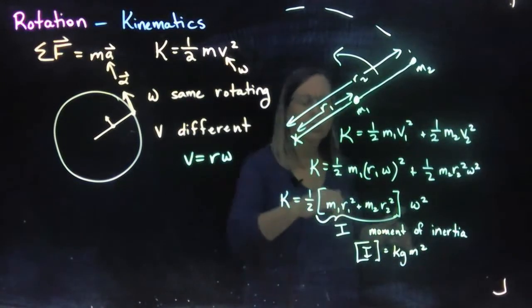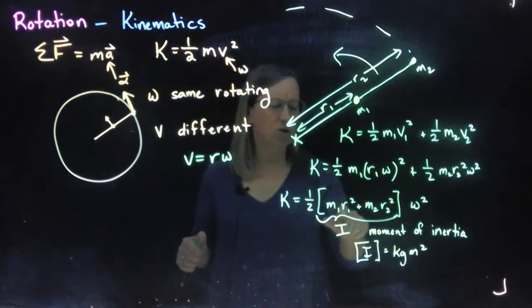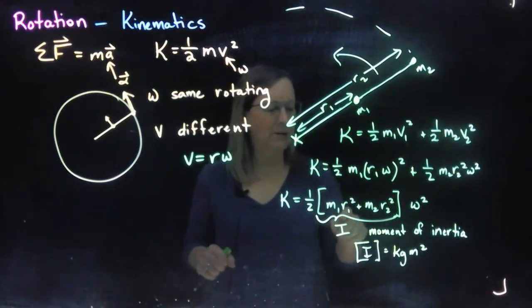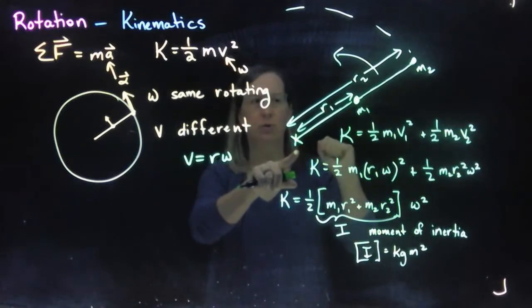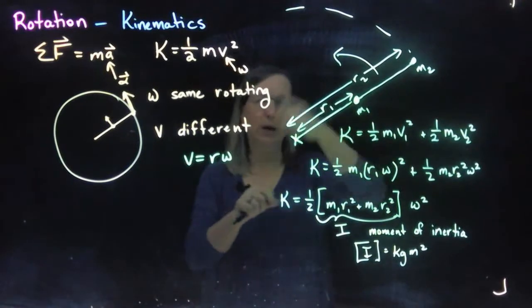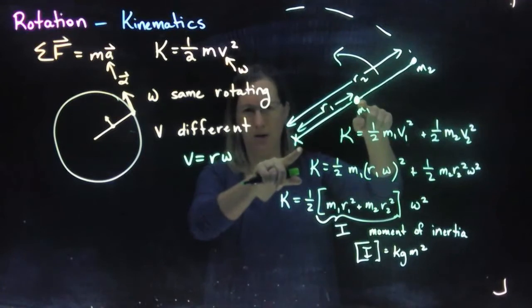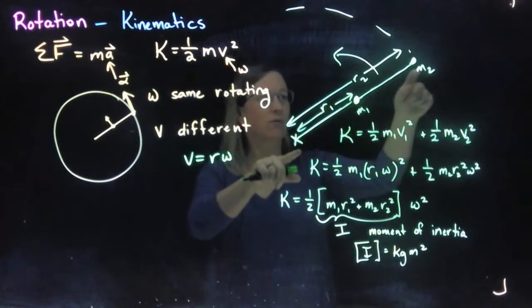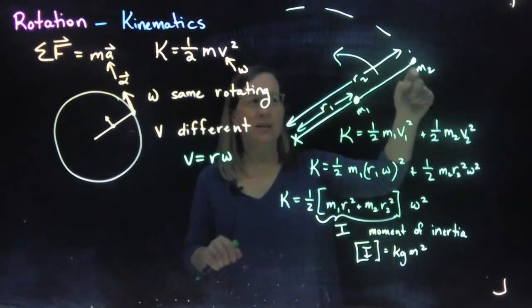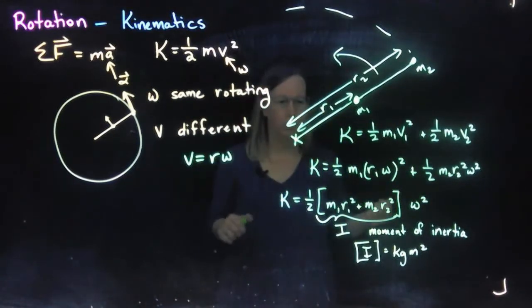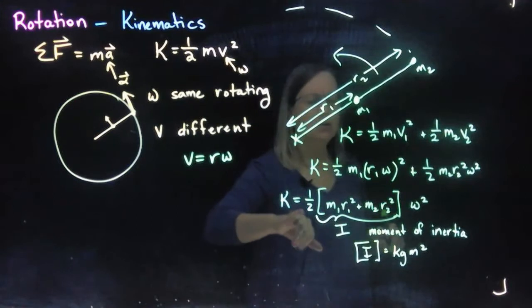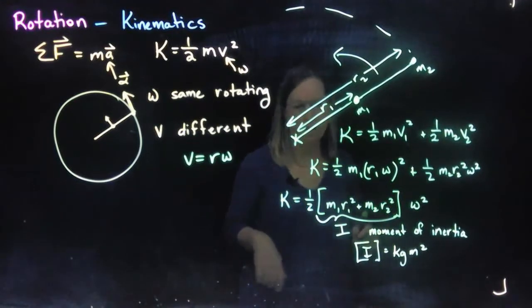Because in terms of rotational kinetic energy, it matters how close a mass is to the center. If M1 and M2 are the same, and you try to swing it around a 1 meter string versus a 2 meter string, this is harder to do because it's further out to get it going. And so this is a way to describe that.